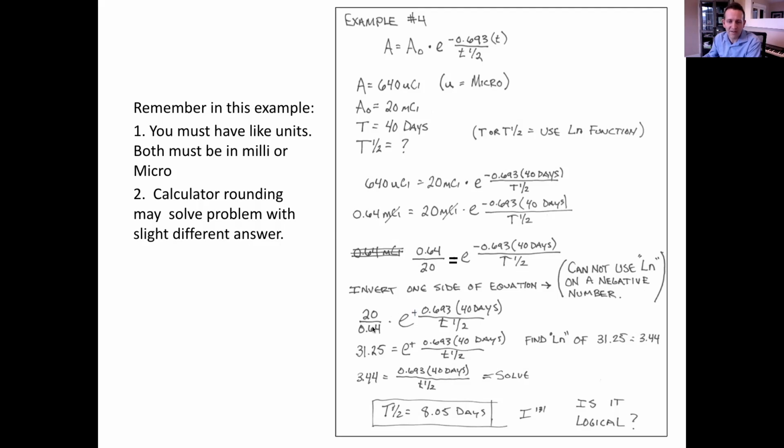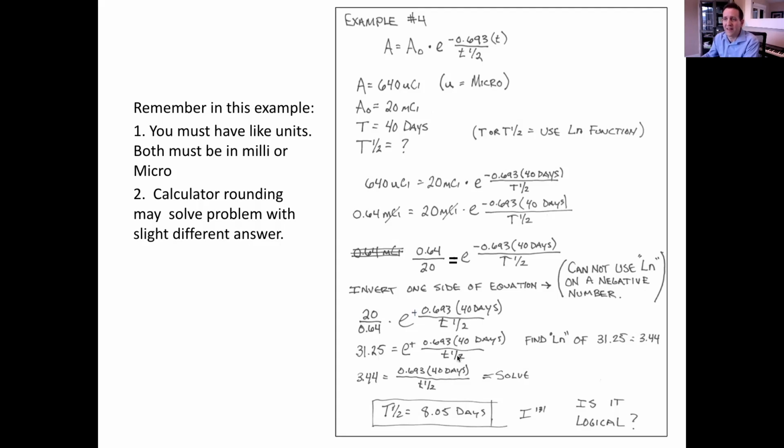We now have 20 divided by 0.64 times the natural log of a positive 0.693 times 40 days over half-life, okay? Now, when we do the math for this side of the equation, 20 divided by 0.64 is 31.25, equal to the positive logarithm 0.693 times 40 days over half-life.